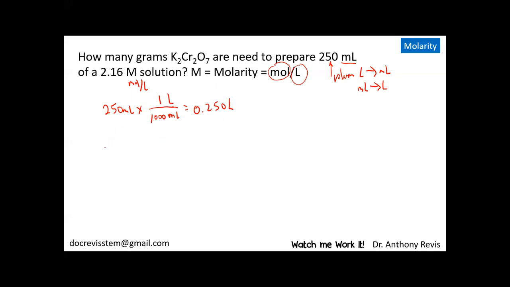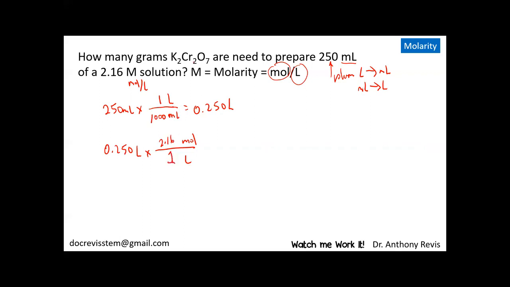Okay, so now my given is really this number of liters. Now I can go from liters to moles. I could have done this in one long dimensional analysis, and that's absolutely fine. Mole per liter is a concentration, molar concentration. So I have 2.16 moles per every 1 liter of this solution.